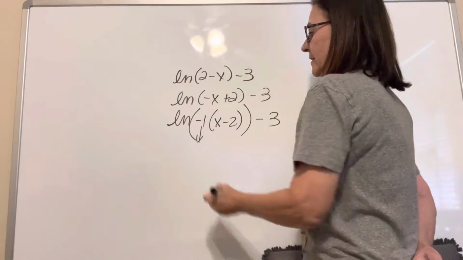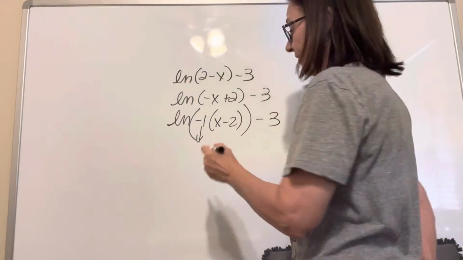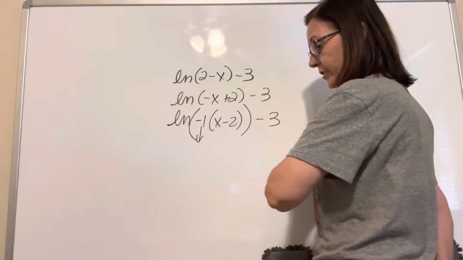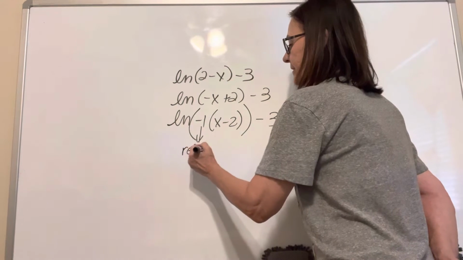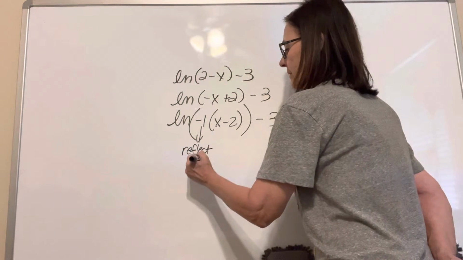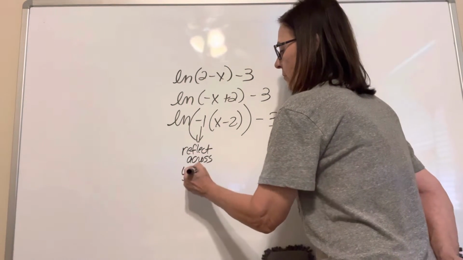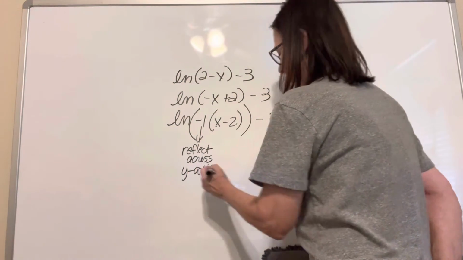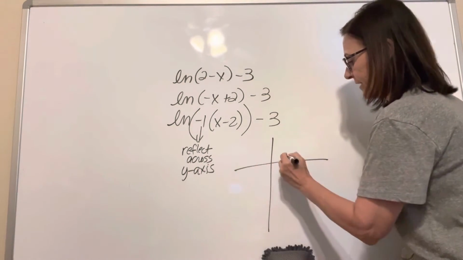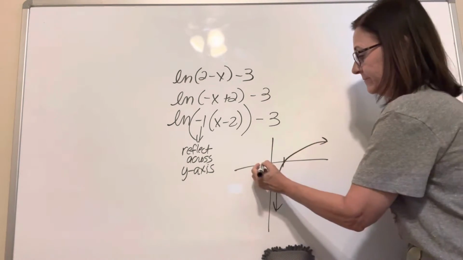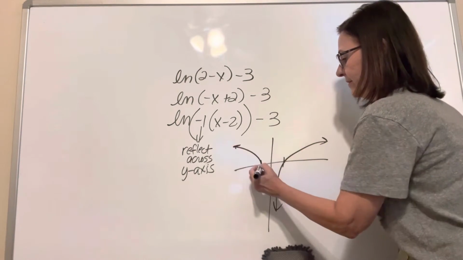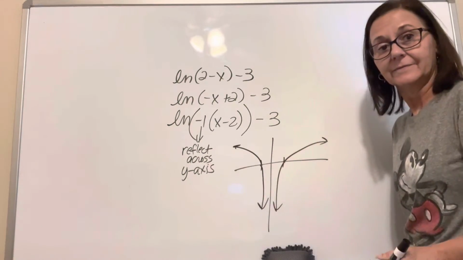All right, so this is going to be a horizontal reflection across the y-axis. So instead of looking like this, it's going to look like that, okay?